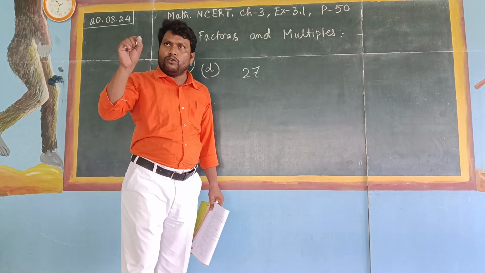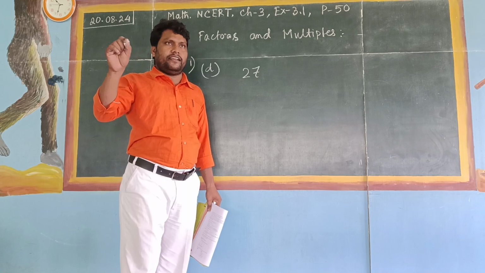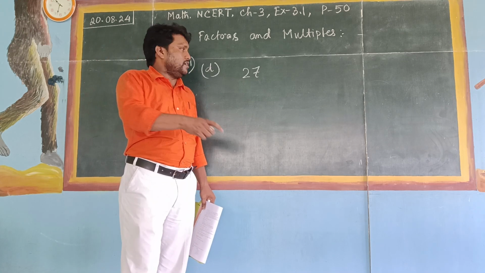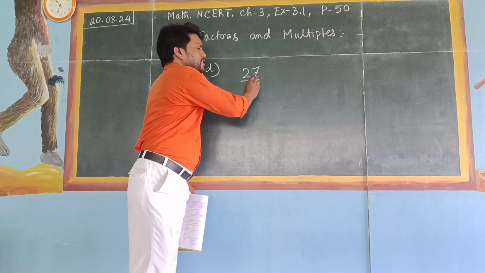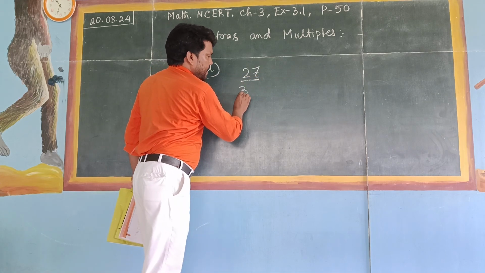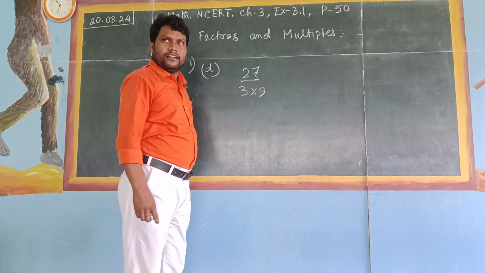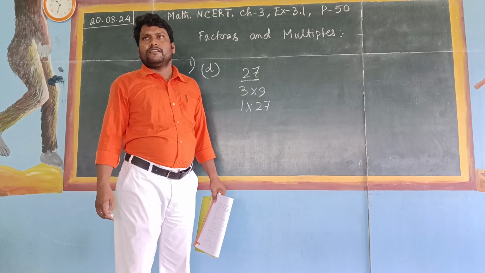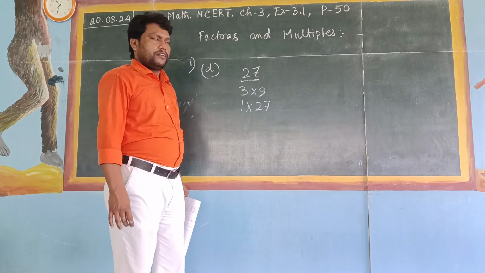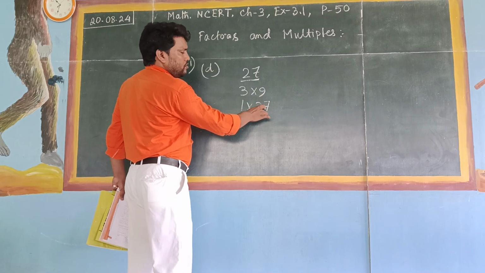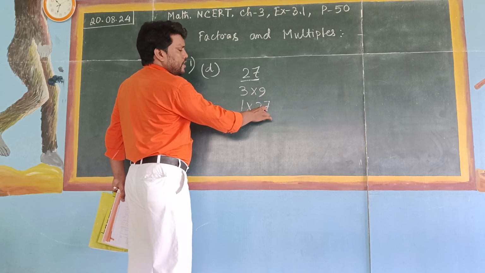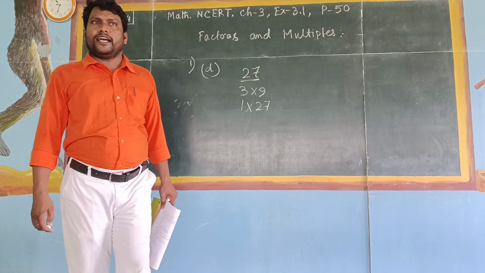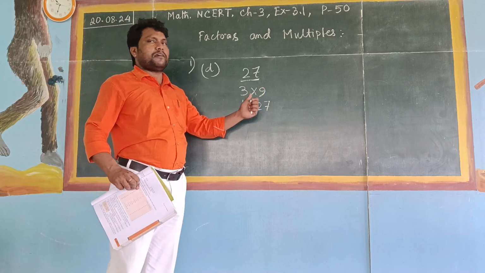Now 27. Whoever knows the table properly will say 27 is in the 3 9s, and only 1 and 27. So 1, 3, 9, 27 are the factors of 27. You may write at first 1 into 27, then 3 into 9.